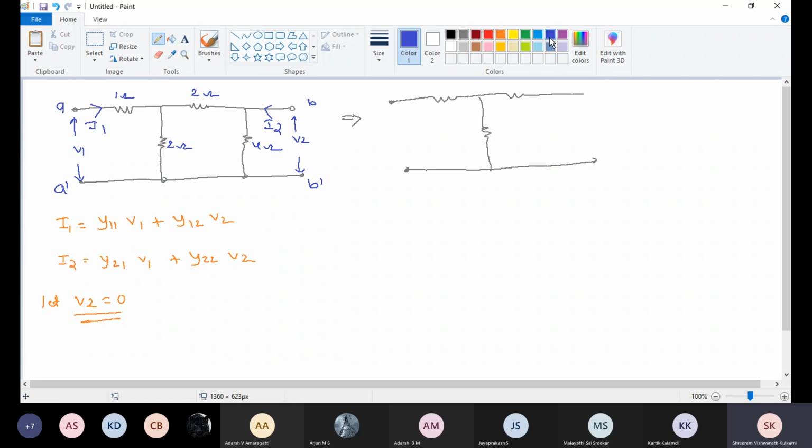Here we have 1 ohm, 2 ohm, 2 ohm, with V1 at A, A dash, and I1 is flowing. If I short circuit this, the 4 ohm resistor will have no effect.